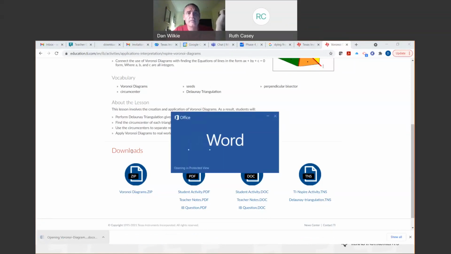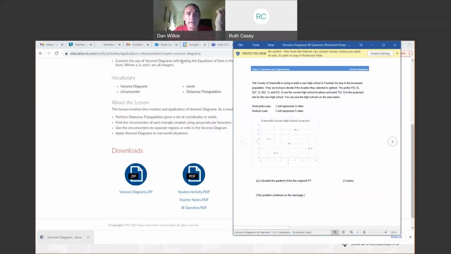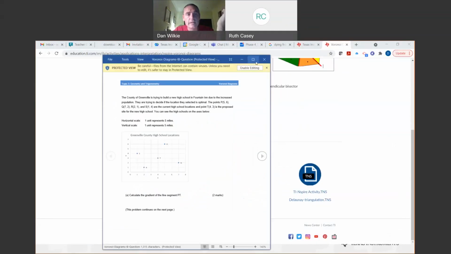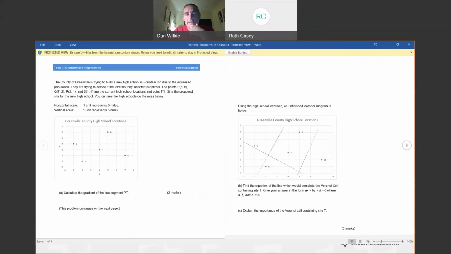What I found out about this year's IB exam question is that it didn't really ask you to create a Voronoi diagram. It asks you to use the idea of how to create a Voronoi diagram to answer a real life question, and that's what I tried to duplicate here in the sample for you to use.